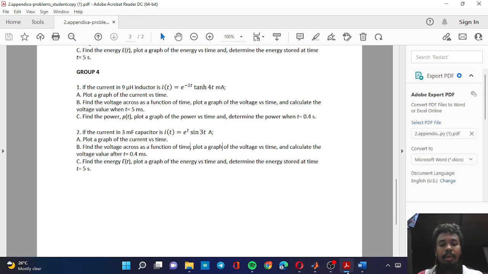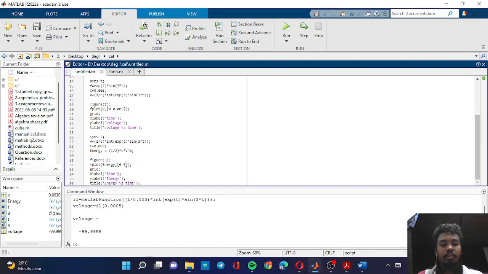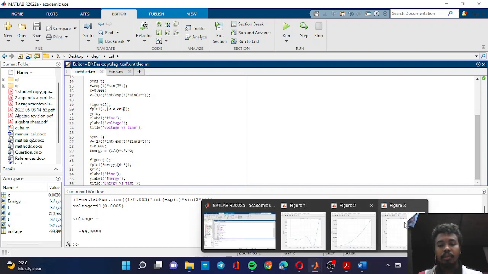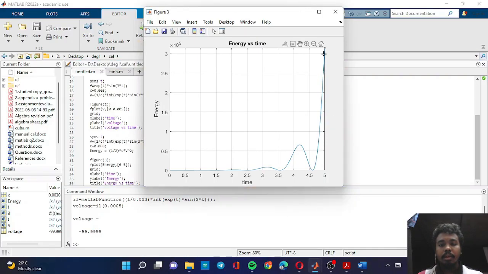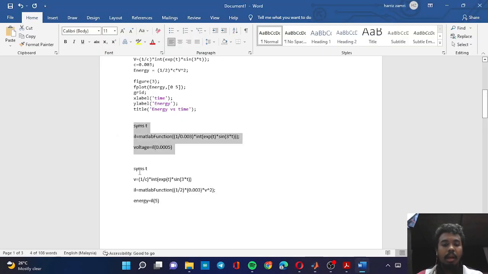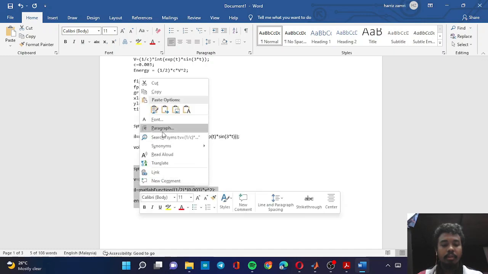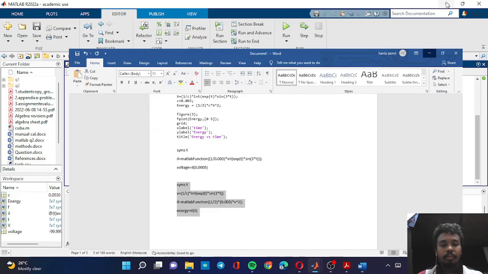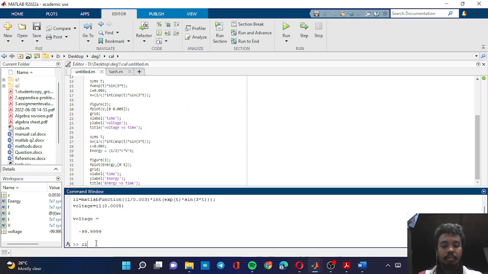It asks for the energy stored at time t equals 5. So this is 5, and as you can see, I just put it here. So the energy will be 315019.